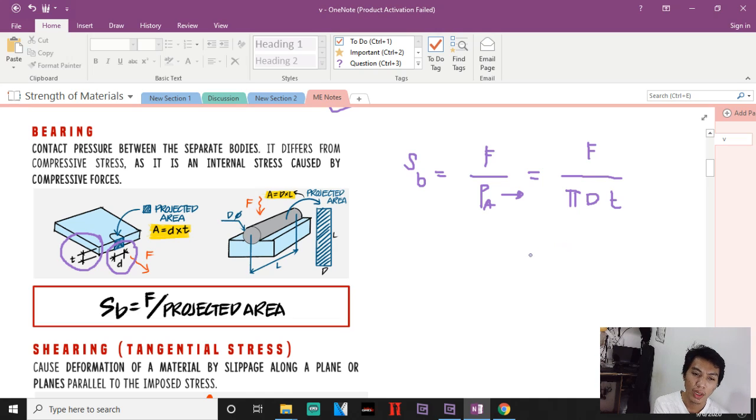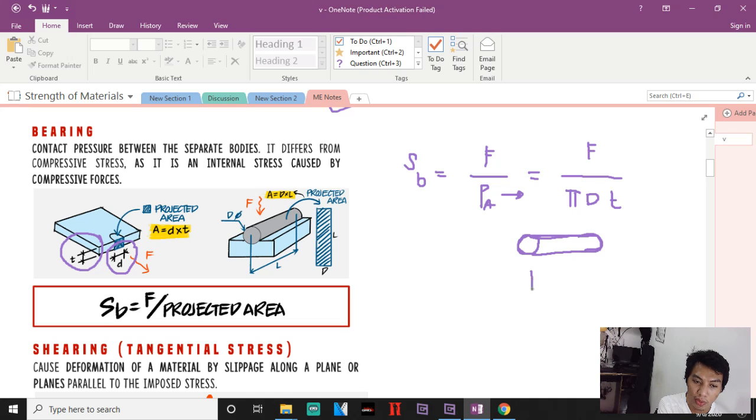Okay? Tignan nyo. Yung circumference ng ating circle, yan. Diba? Circle. Ngayon, pag iminove mo yan into a slot, okay, ano ba yung affected dyan? Okay, meron kang thickness ng plate mo.